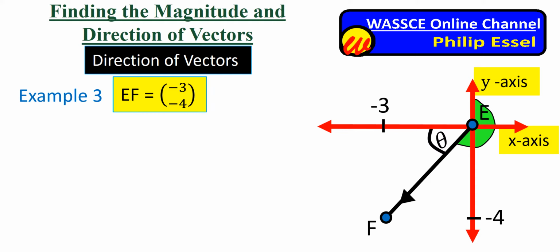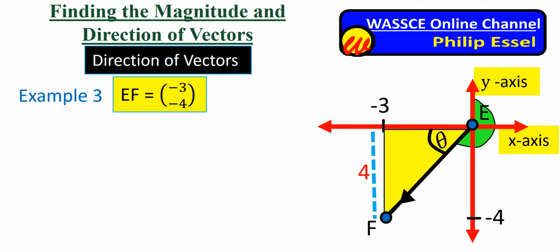This angle is angle theta, and for us to determine its value, we would have to draw a right angle triangle in that region. Next, we would have to determine the opposite side and the adjacent side of this right angle triangle with respect to the angle theta.